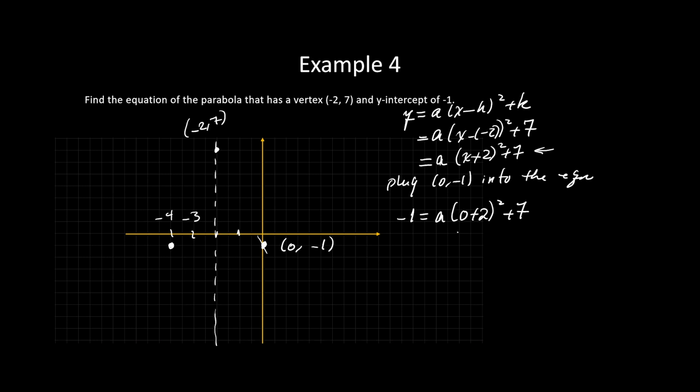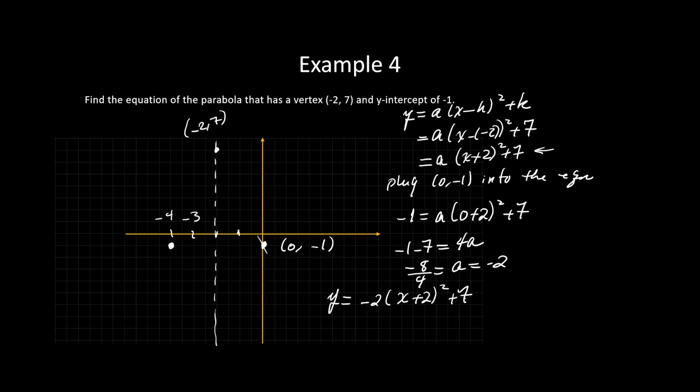Bring the 7 over. So negative 1 minus 7 equals a times 2 squared. 2 squared is 4. That's 4a. That's negative 8 over 4 is a, which is negative 2. So now my equation is y equals negative 2 times (x plus 2) squared plus 7.